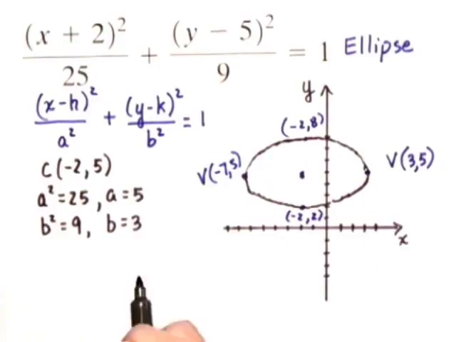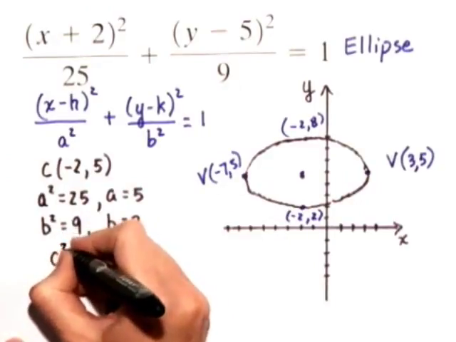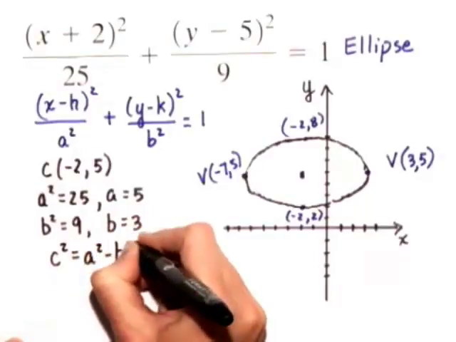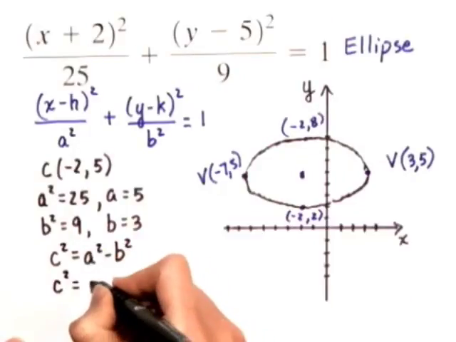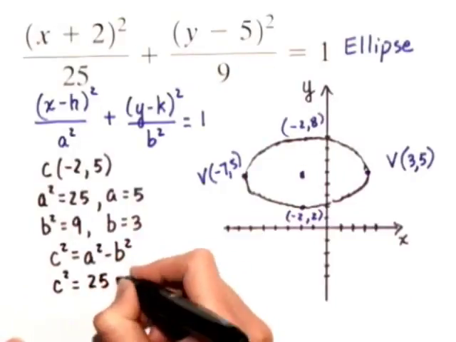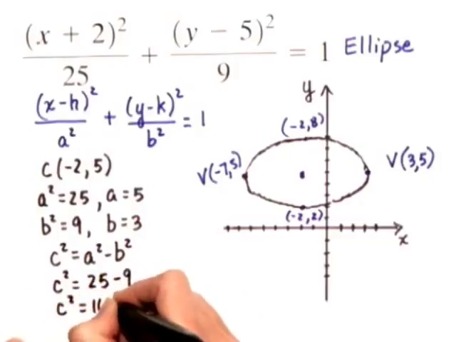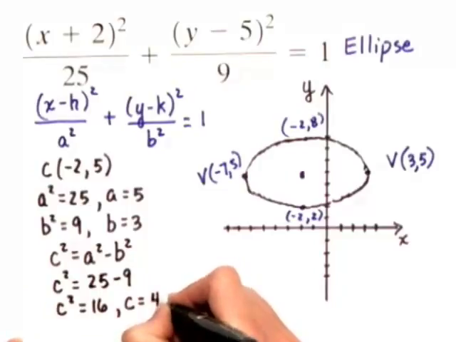So for an ellipse, we have the relationship that c² is equal to a² minus b². So c² is equal to a², which is 25, minus b², which is 9. So in our case, c² is equal to 16, or c is equal to 4.